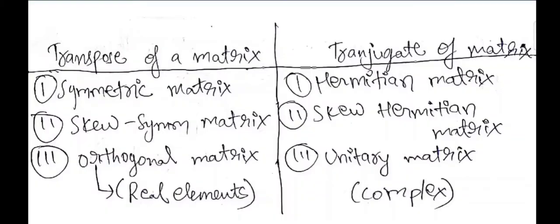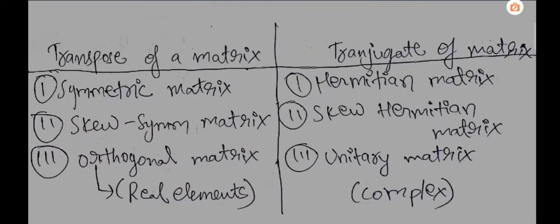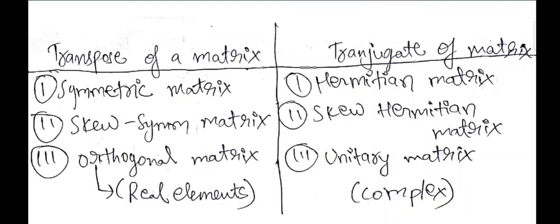Yes friends, so we are going to see what we will cover in the upcoming lectures. We will see the transpose of a matrix and the conjugate of a matrix. In the transpose of a matrix we basically have the symmetric matrix, skew symmetric matrix, and orthogonal matrix, consisting of real elements.